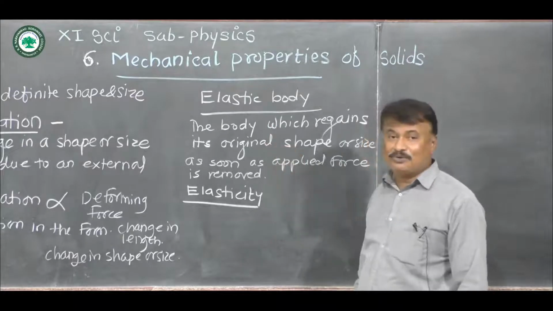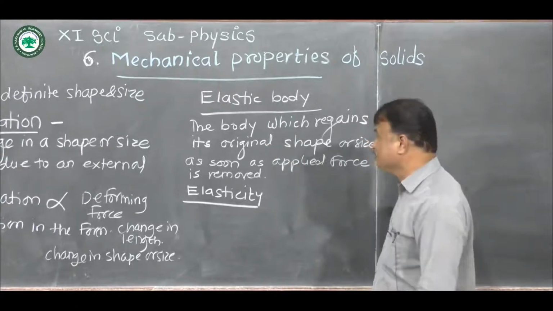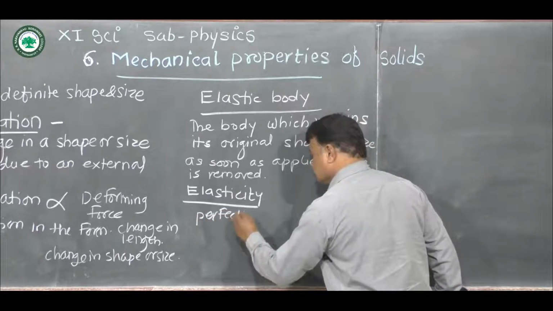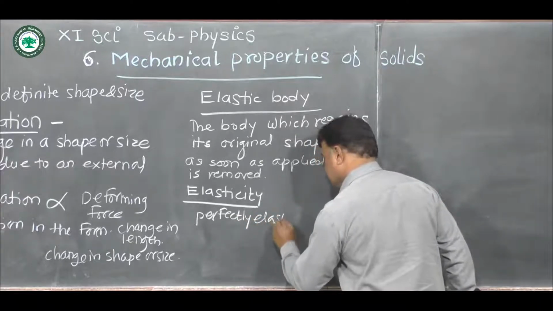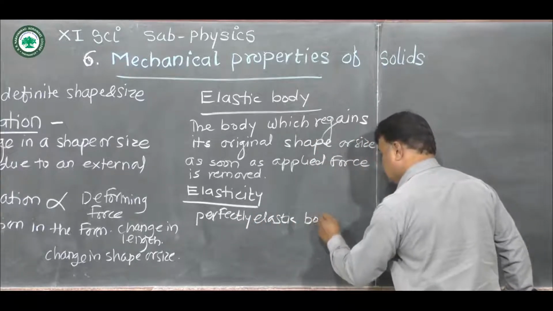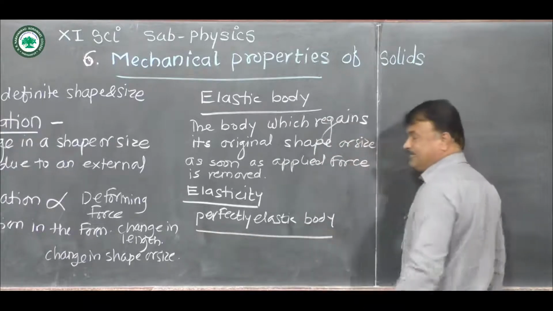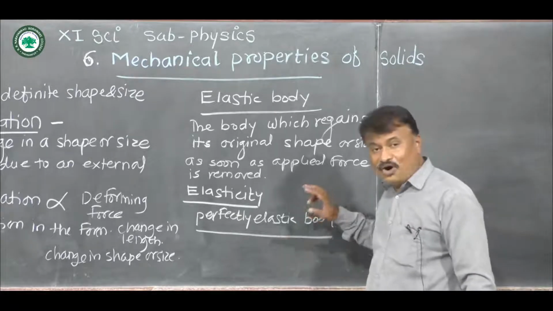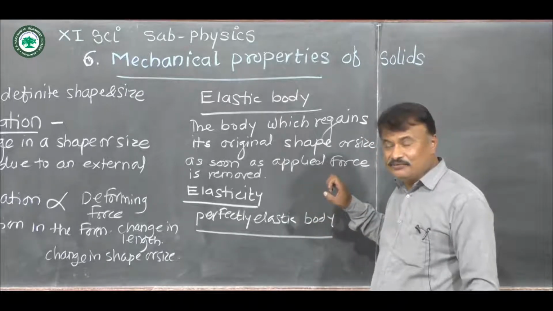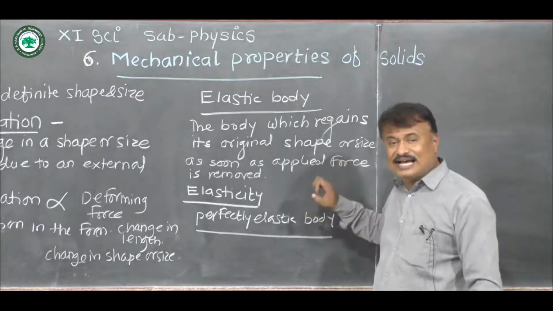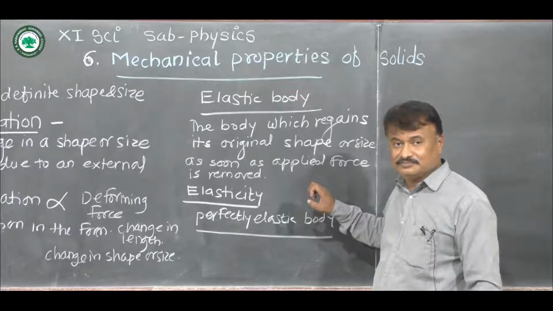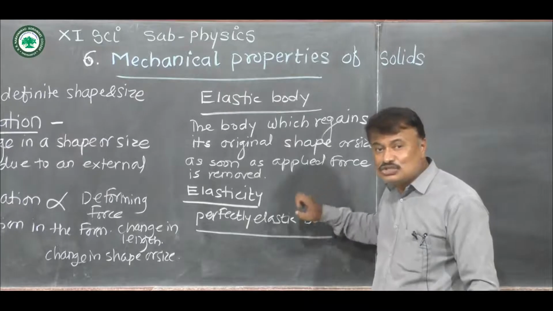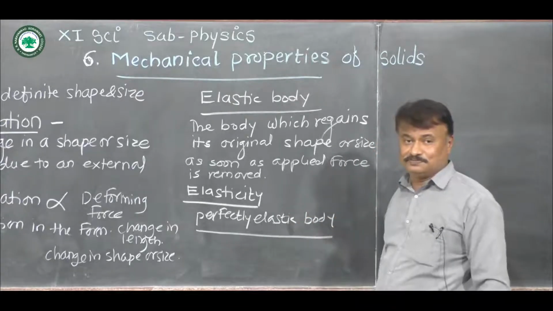Now, depending upon that property, we can also define a perfectly elastic body. Perfectly elastic body: the body which regains its original dimensions as soon as the applied force is removed.